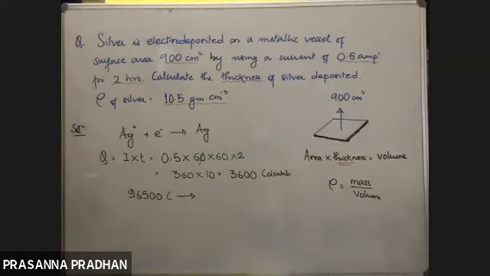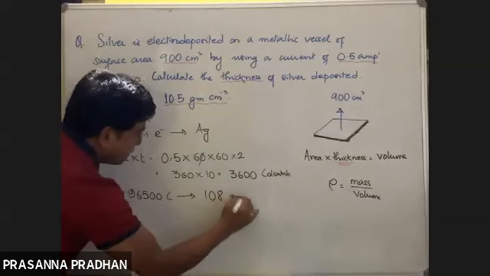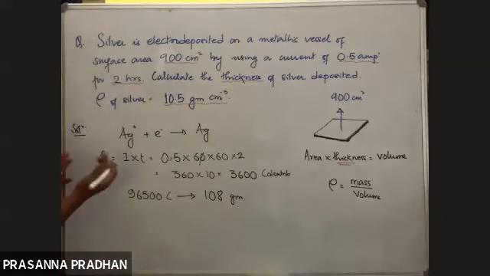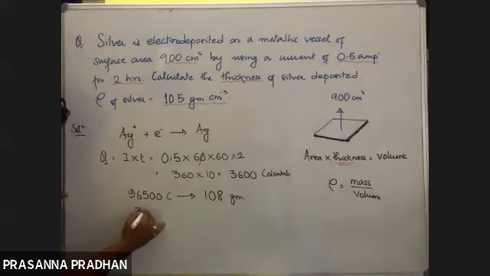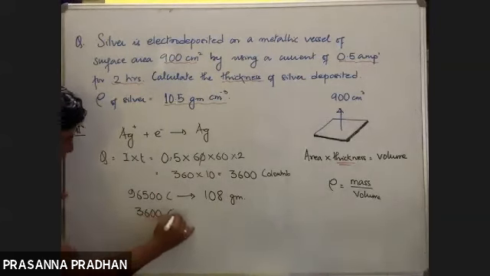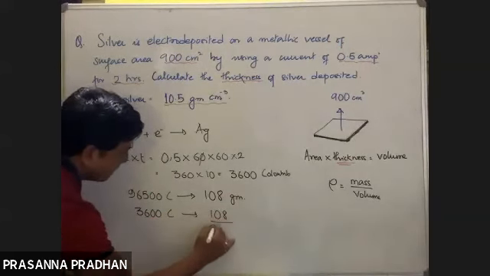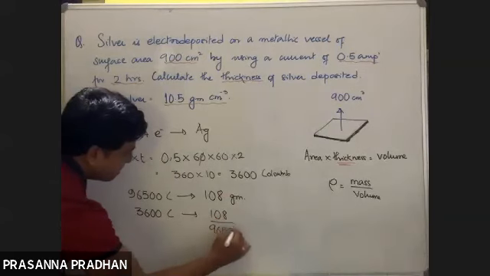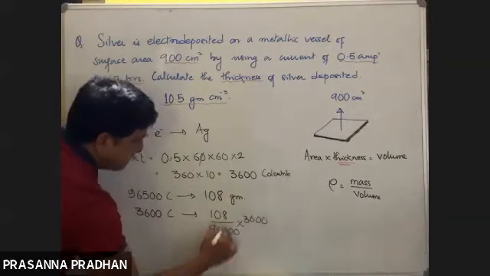What is the atomic mass of silver? 108 gram of silver will get deposited. But I am passing 3600 coulomb. On passing 3600 coulomb, what is the mass of silver deposited? 108 divided by 96500 multiplied by 3600.